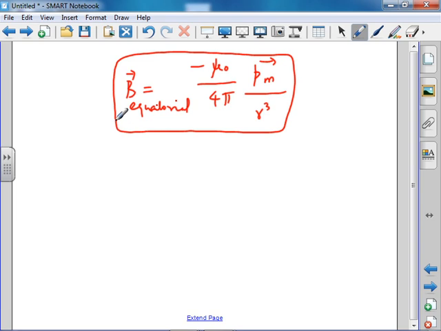So we compare with B axial, that is the magnetic field at a point along the axial line. We get it is equal to twice the magnetic field at a point along the equatorial line.